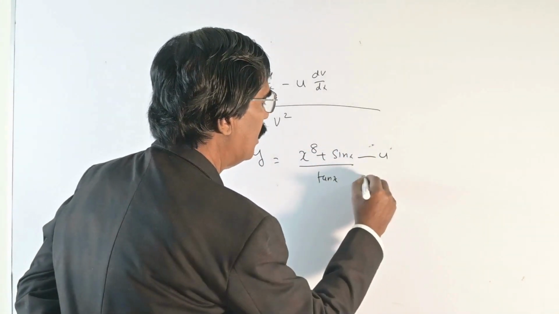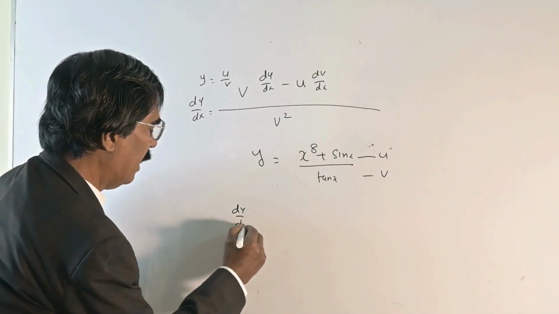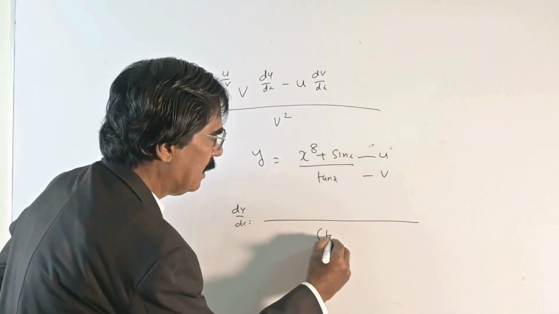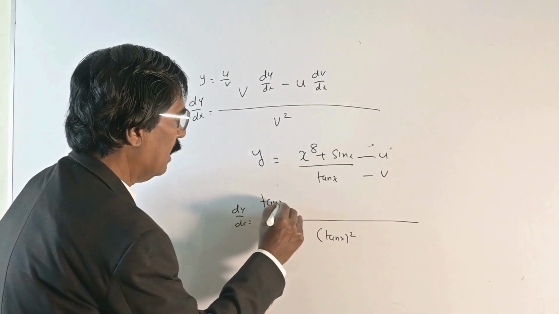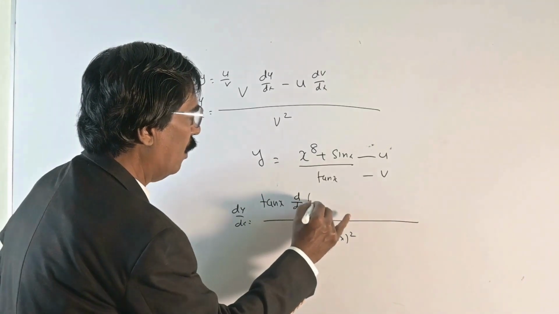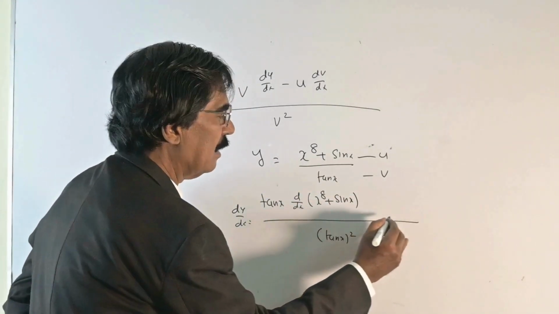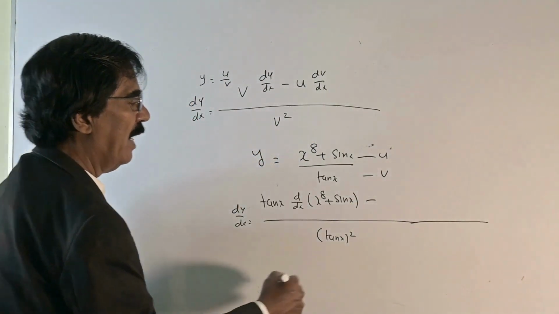Now you take this as u, this as v. Now listen, dy by dx divided by tan x whole square, v, tan x as it is, d by dx of u, x power 8 plus sin x, minus u, v into du by dx minus u.